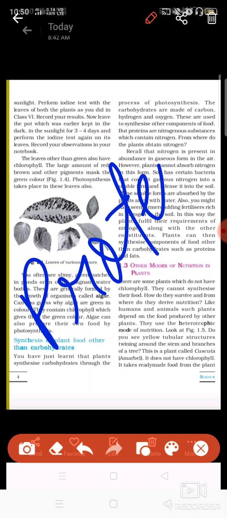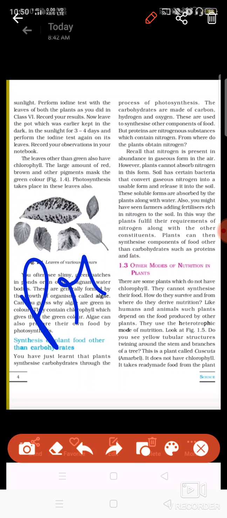So plants can prepare proteins also, and carbohydrates in the form of glucose. They also form fats. From here I am ending this session. Other modes of nutrition we will discuss in our next discussion.